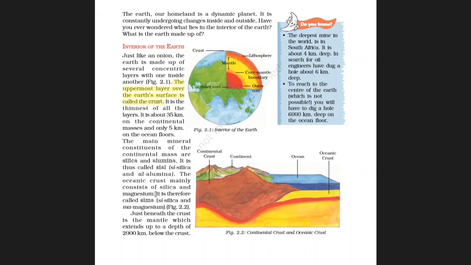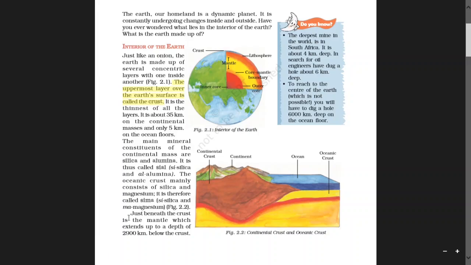So we find that the oceanic crust mainly consists of silica and magnesium. It is therefore called sima, as it consists of silica and magnesium. That is why it is known as sima. Si, silica, and Ma, magnesium.